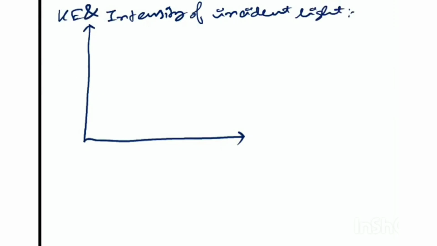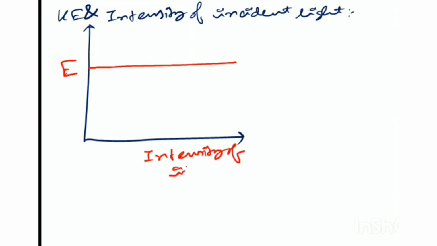Our kinetic energy is independent of the intensity of incident light, so it will be a straight line. Okay. So here two graphs are done.